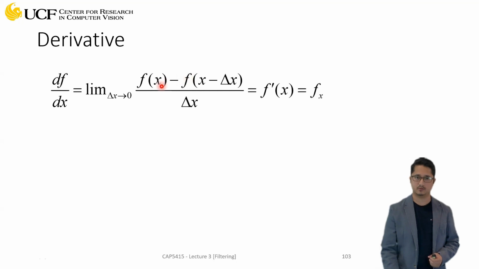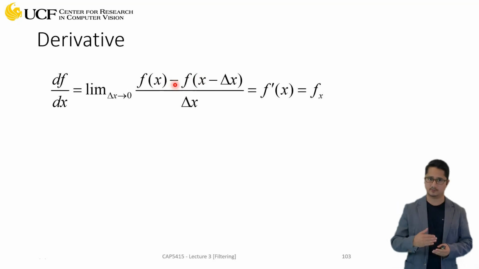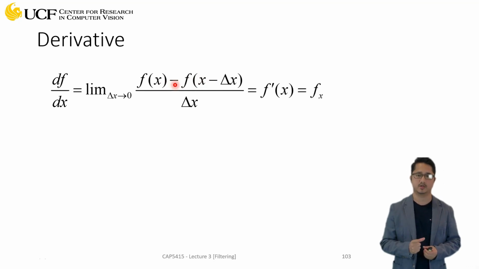So f(x) will give you the value of this function at x, so x could be anything. And then you change this value of x by a very small amount, where the limit goes to 0, and you observe the response of this function. Then you take the difference between these two, which says how much the function is changing over this very small interval.